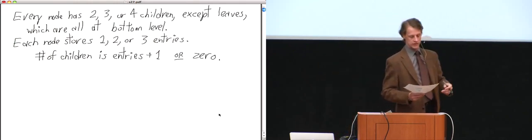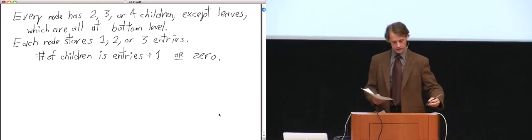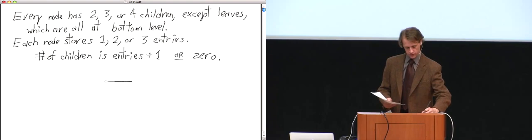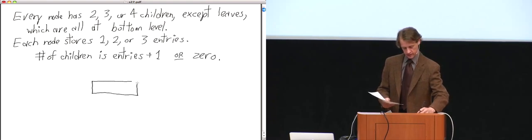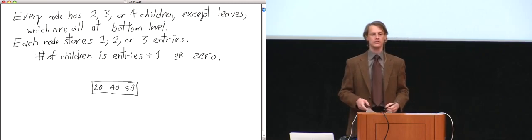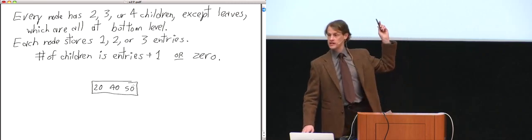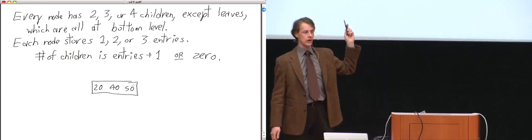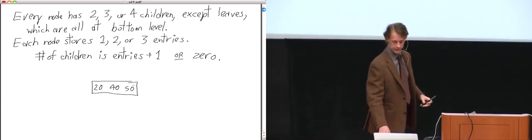So all of this will probably make more sense when I draw a tree. So here's what a typical 2-3-4 tree looks like. I'm starting with the root node at the top, and this particular tree happens to have 3 entries in the root node with keys 20, 40, and 50.